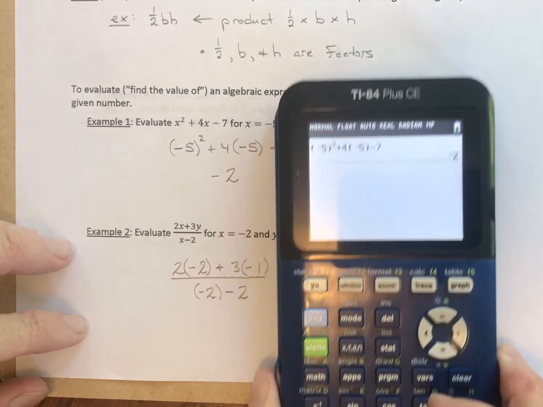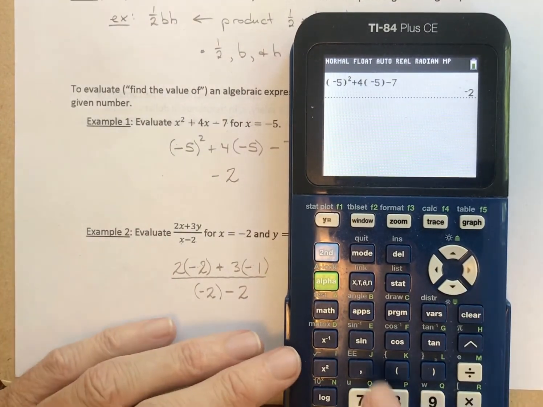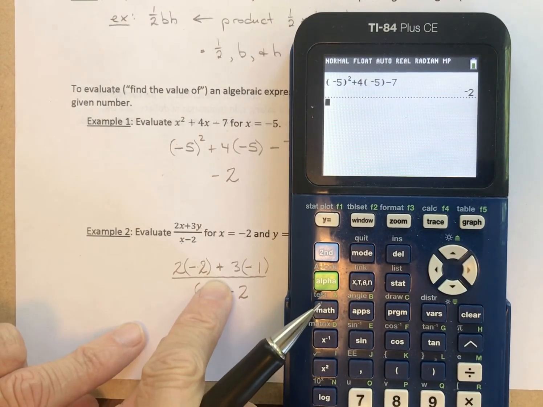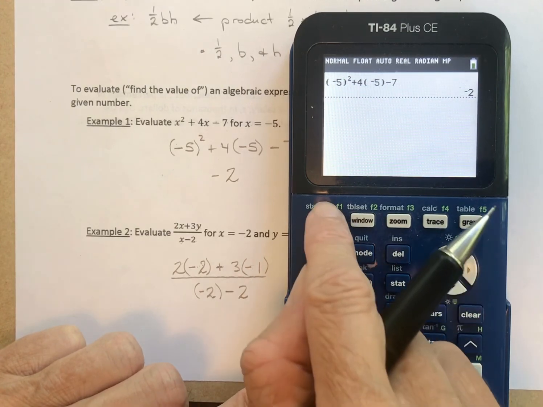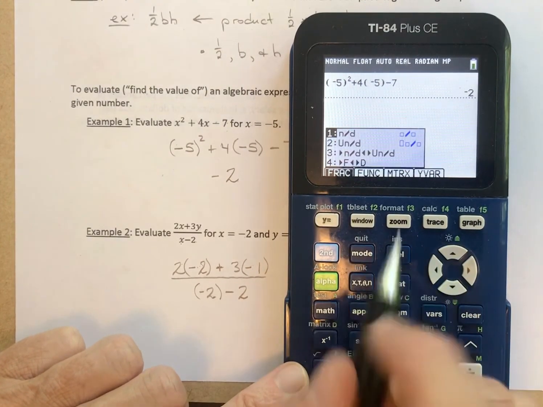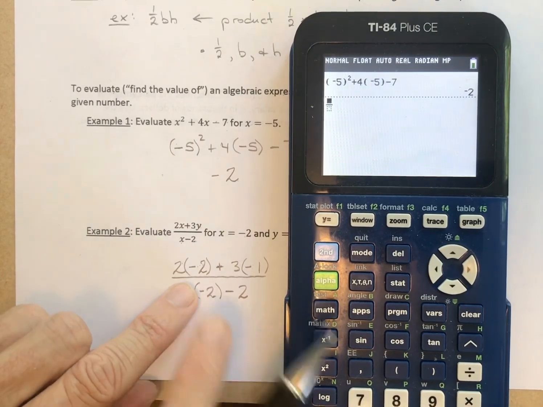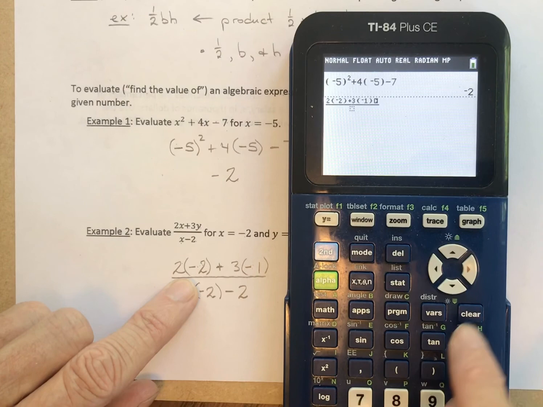And now I'm back to my calculator. I'm going to use the fraction bar feature of my calculator because that'll help me again follow the order of operations. Okay, so again, I'll just copy what I see here. The numerator, 2 open, negative 2 close parenthesis, plus 3 open parenthesis, negative 1 close parenthesis.